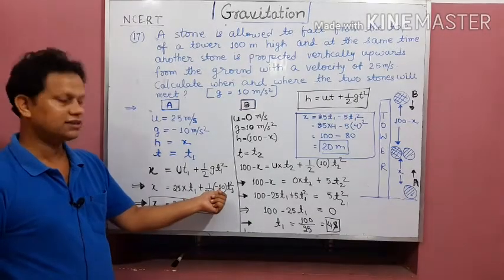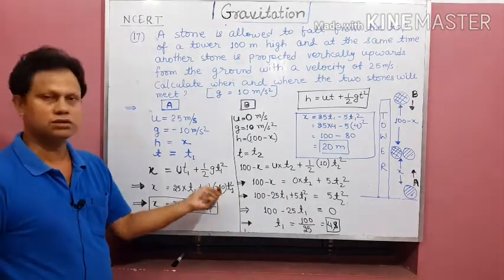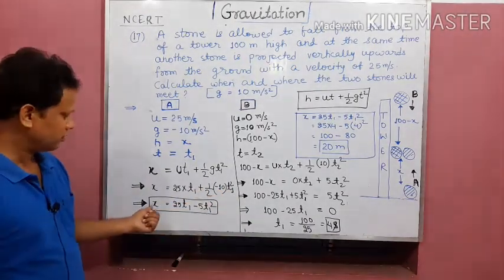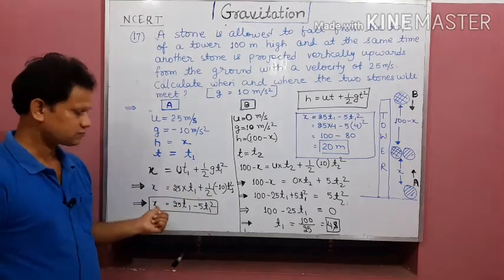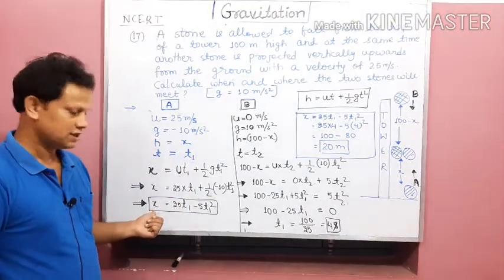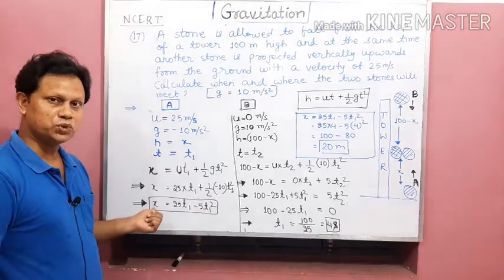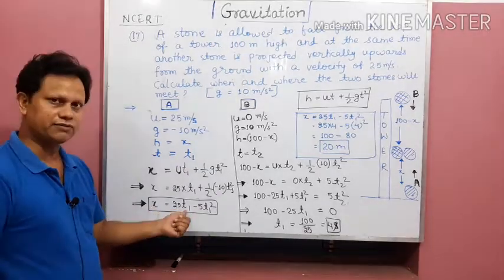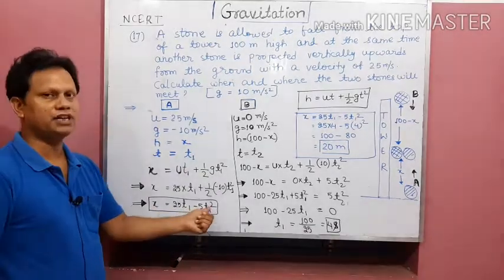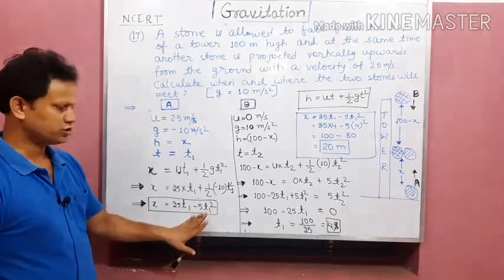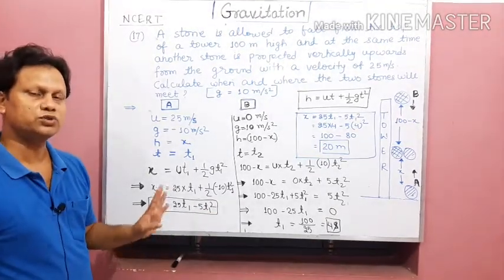Then half times minus 10 t1 square, minus 10 because it's a negative acceleration. Finally, when we solve this expression, we get the relation that the displacement of stone A is equal to 25 t1 minus 5 t1 square.